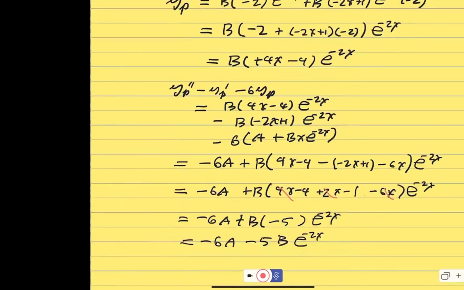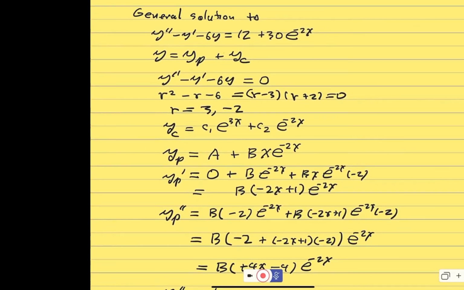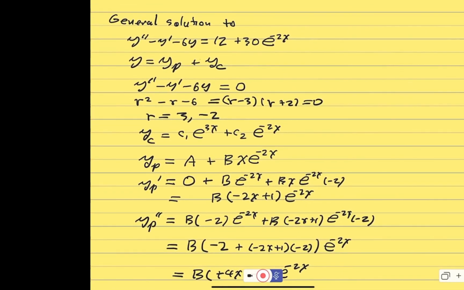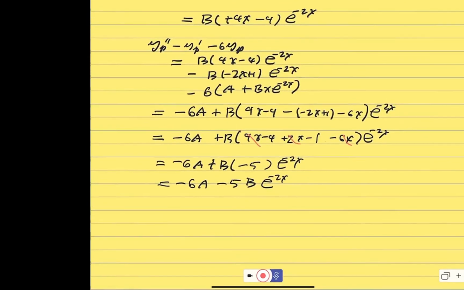And if we go all the way back up to what we were looking to begin with, we can see what our target is: 12 plus 30 e to the minus 2x. So we're in good shape.